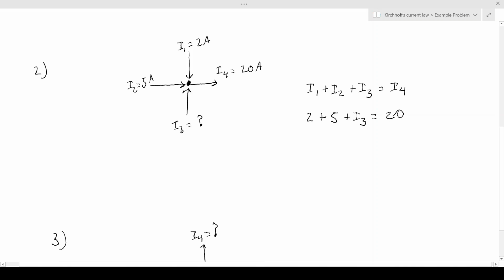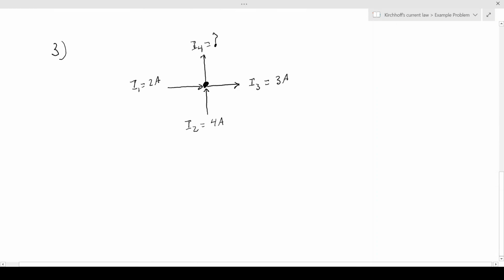We could rewrite this, 7 plus I3 is equal to 20. We use a little bit of algebra. We subtract 7 from both sides. We get I3 is equal to 13 amps. So that's the answer for problem number 2.